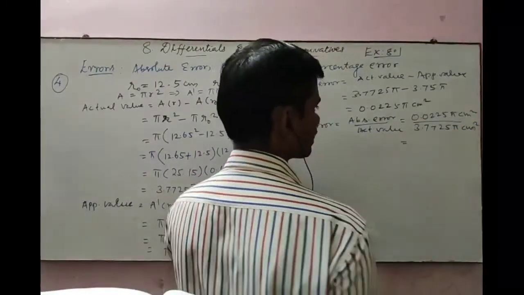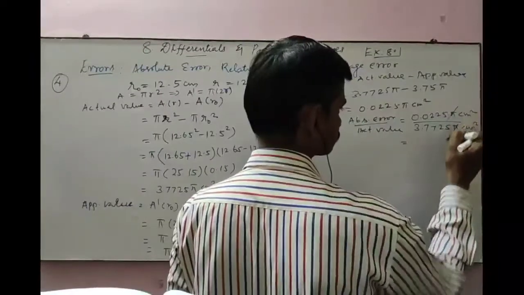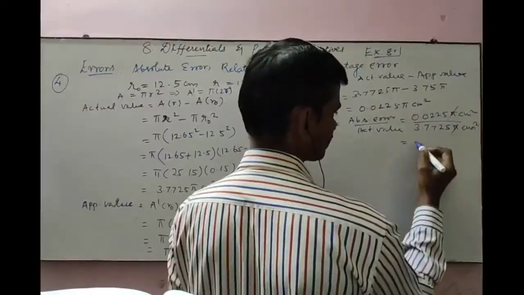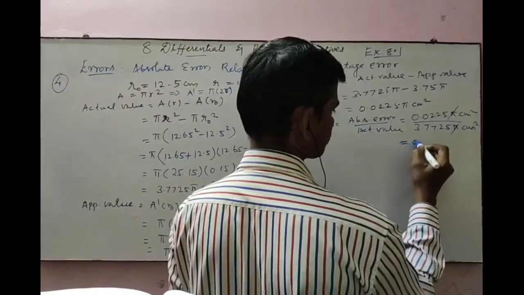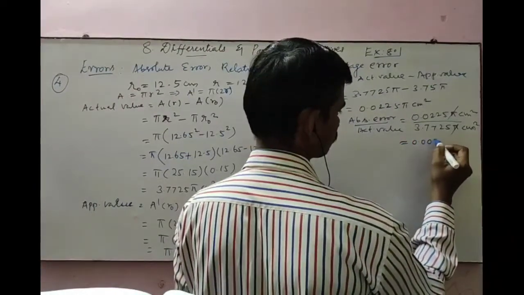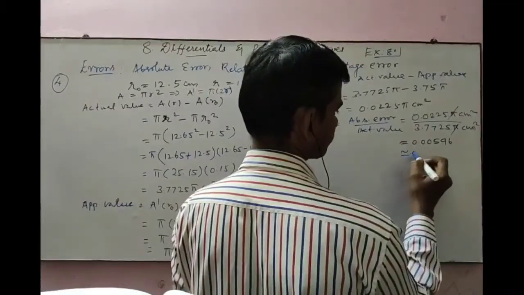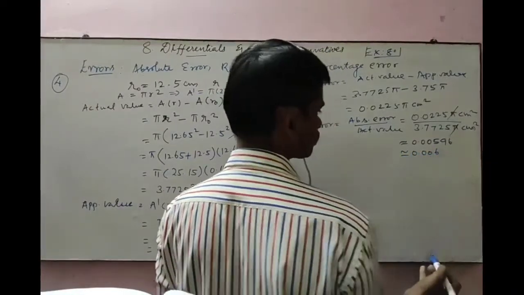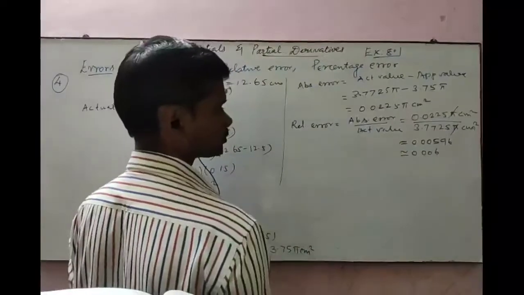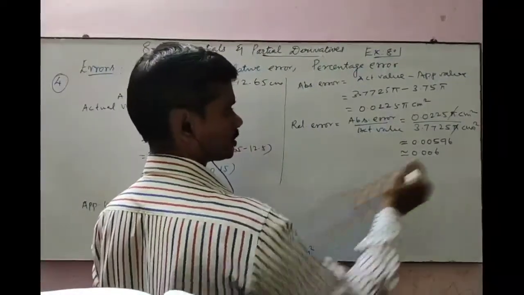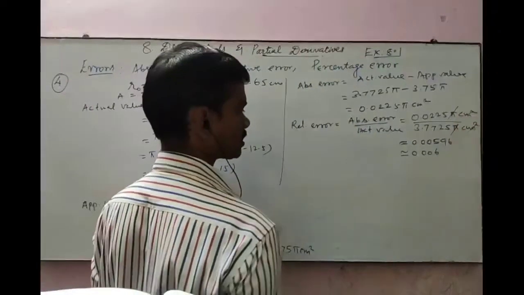Here pi gets cancelled. If you divide these two, you will get the answer as approximately 0.00596. So approximately you can take this as 0.006. So this is the relative error. Relative error has no unit because centimeter square gets cancelled.